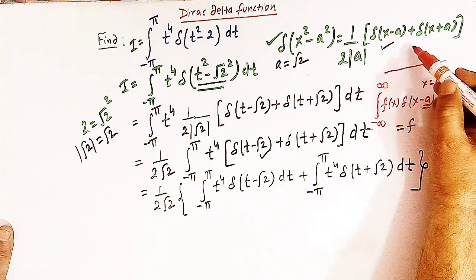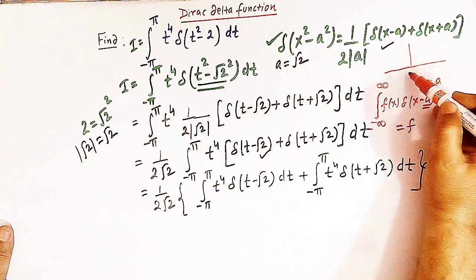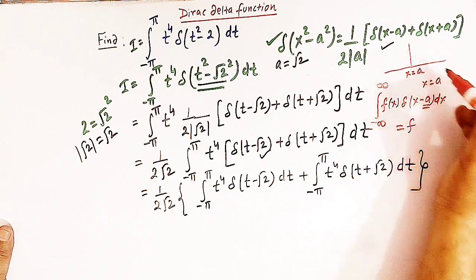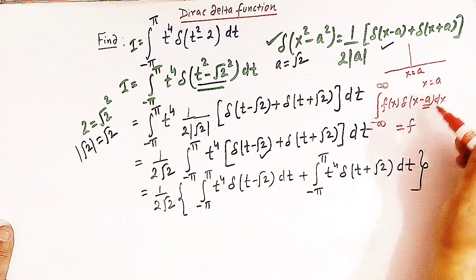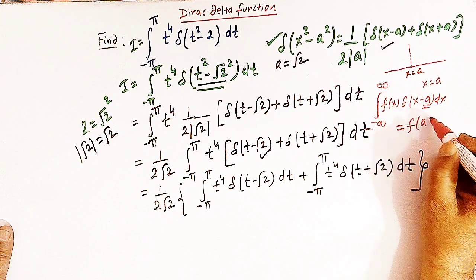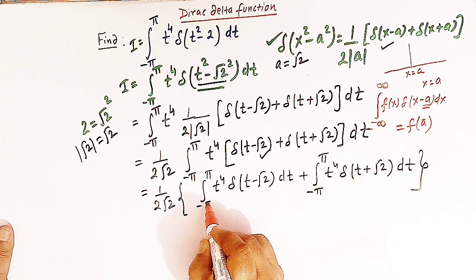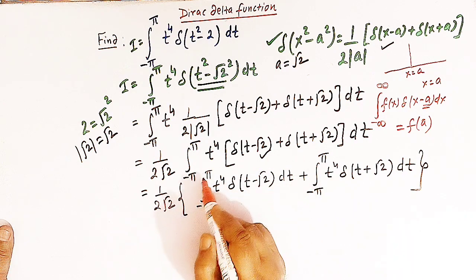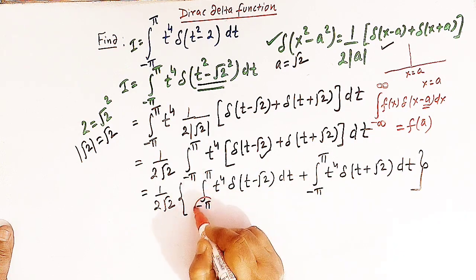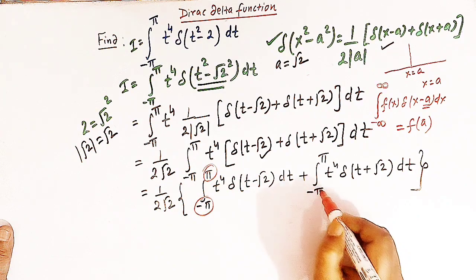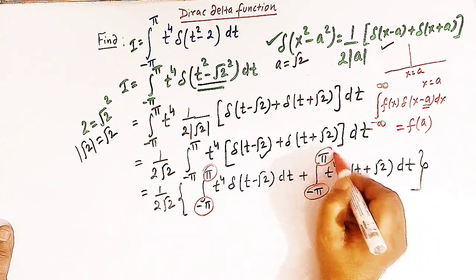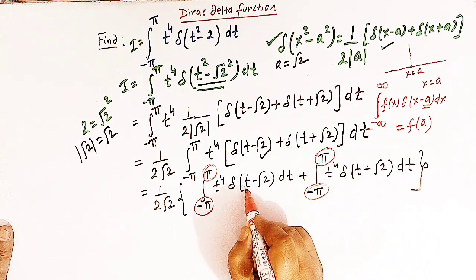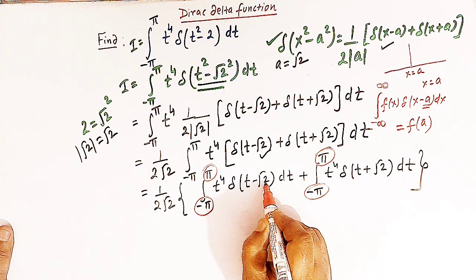Because the delta function is 0 everywhere except at this point x is equal to a. So here we have f of a. Now here the limits of integration or the bounds are given by minus pi and pi. Here also we have minus pi and pi, right? And here we have t minus square root of 2.